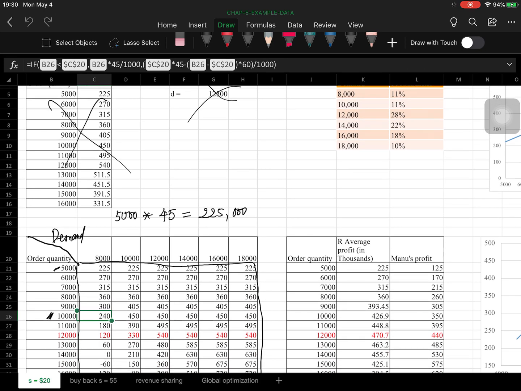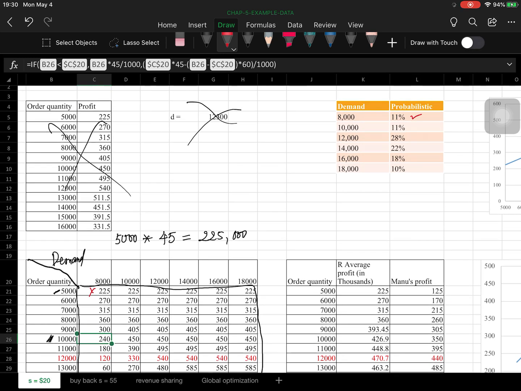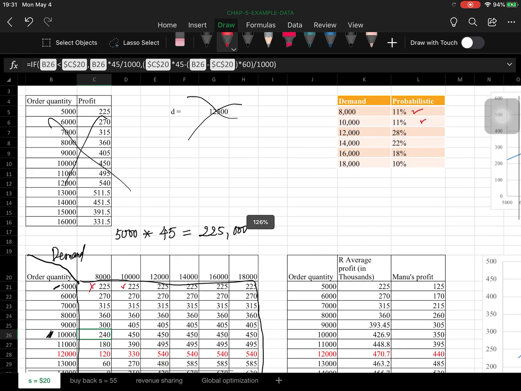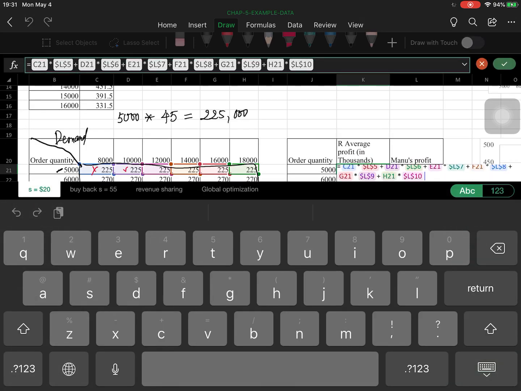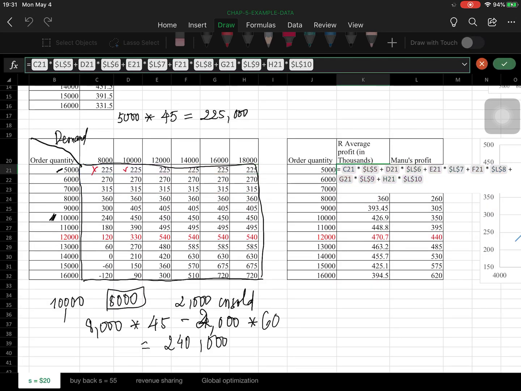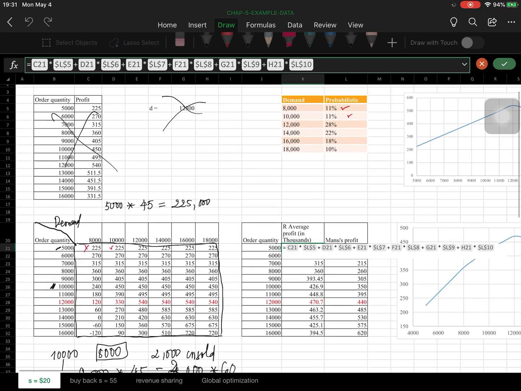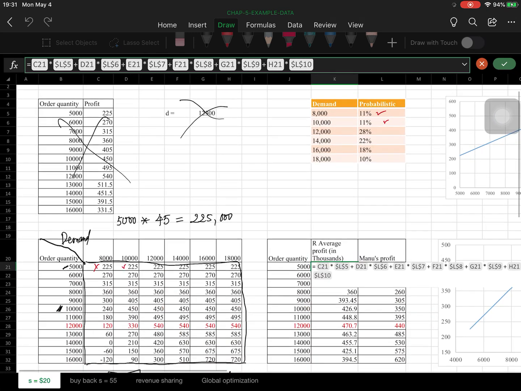So we will take this profit multiplied by the probability plus this one multiplied by this probability. Okay, so we will have the average profit of each case.